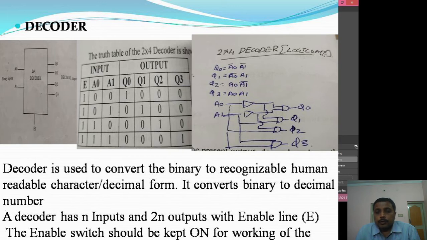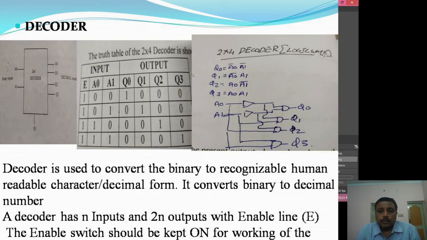Similarly, output Q2 has A0 along with the product of complement of A1, and Q3 has a product of inputs A0 and A1.